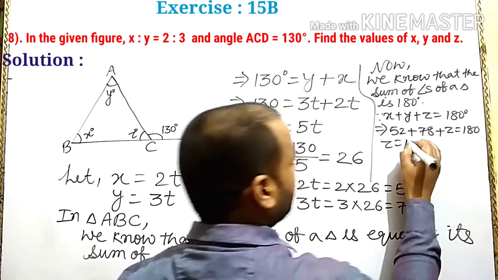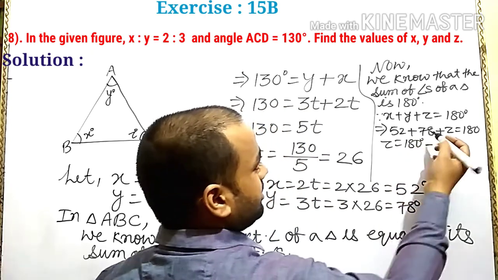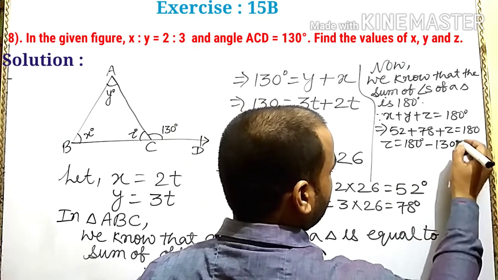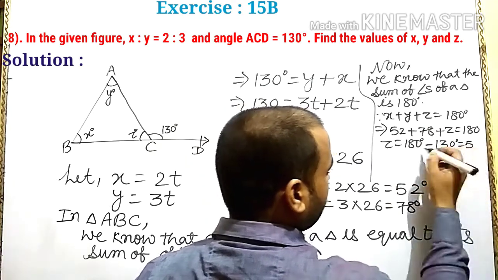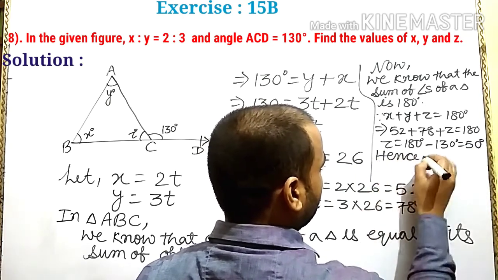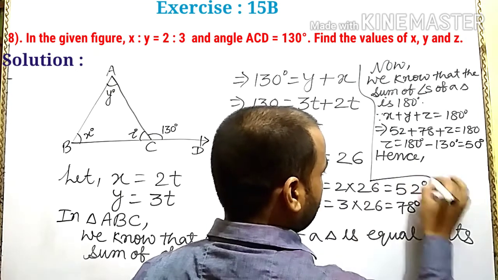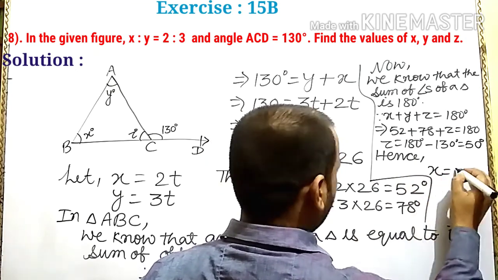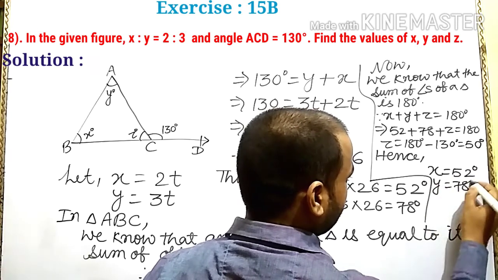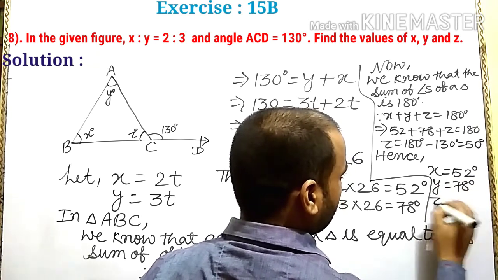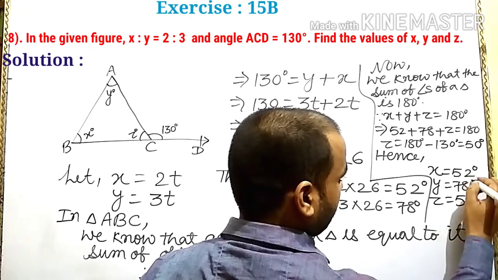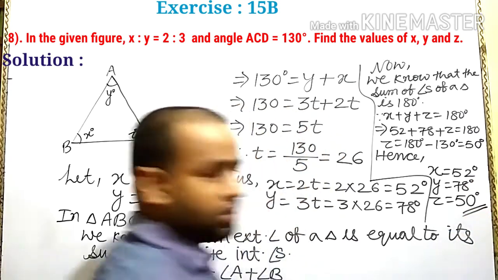So z is equal to 180 degree minus 130 degree, which is 50 degree. Hence x is equal to 52 degree, y is equal to 78 degree, and z is equal to 50 degree. This is your required answer.